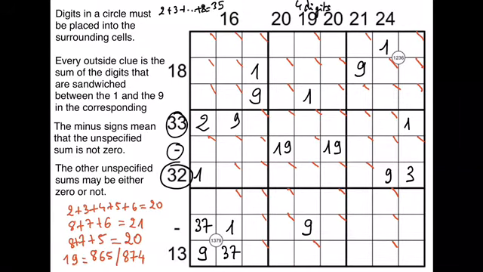But the minimum sum of 4 digits is 2 plus 3 plus 4 plus 5, and that's 14. So the 1 can't be here, it has to be there. Now, those are not 1 or 9. And those 2 digits must add up to 13, which makes this a 7 and this a 6.